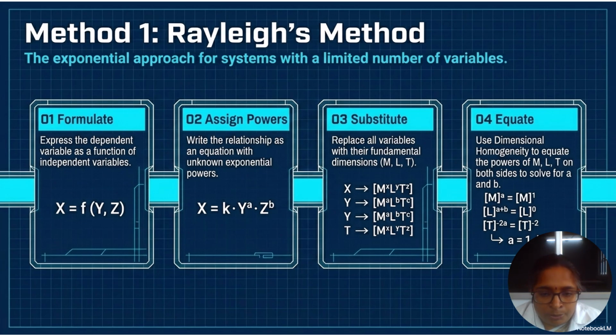The next step is substitution: replace all the variables with their fundamental dimensions M, L, T. Then use dimensional homogeneity to equate the powers of M, L, T on both sides to solve for a and b. This is the process involved in Rayleigh's method, which is useful for a limited number of variables or physical quantities.